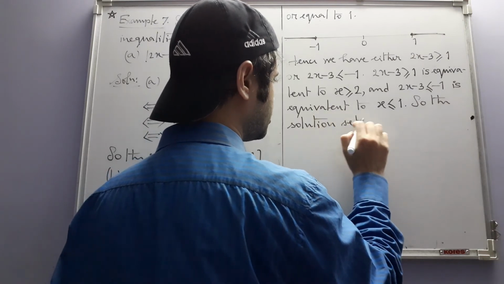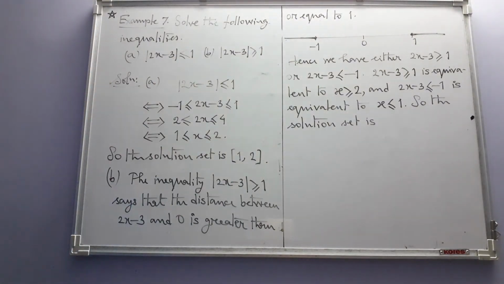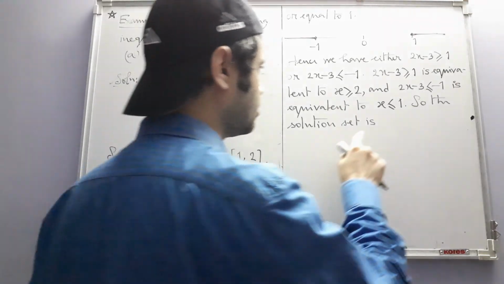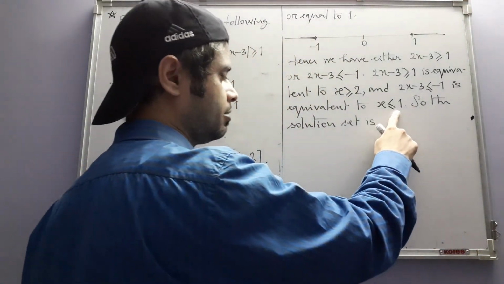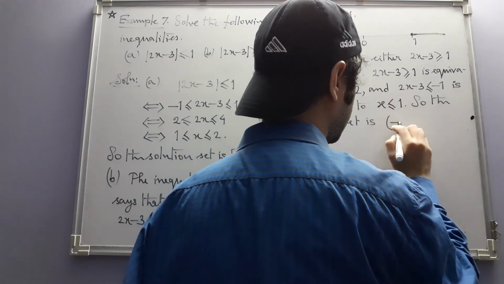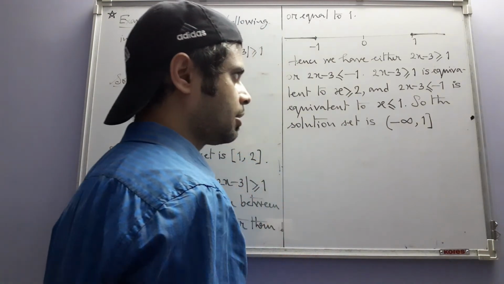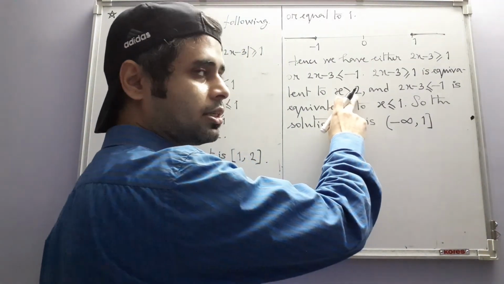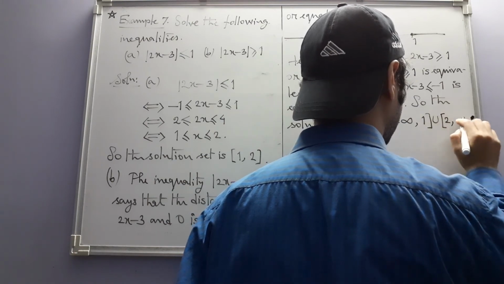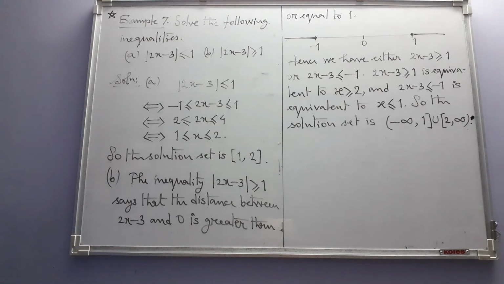So the solution set in this case is actually two sets, and so we have to take their union. One of them is the set of all real numbers less than or equal to 1, which is this ray, and the other is the set of all real numbers greater than or equal to 2, which is this ray. So the solution set is their union.